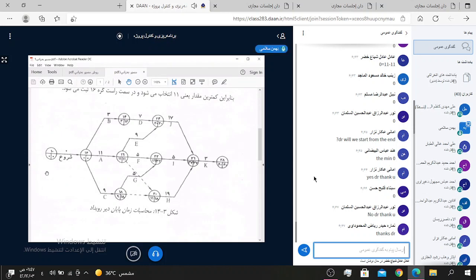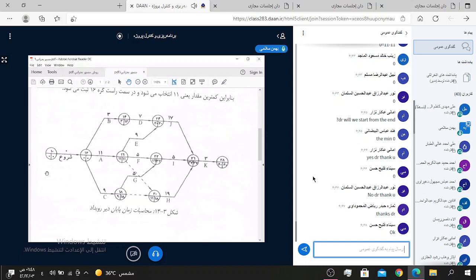As you see, we can find 4 factors. We can find 2 factors of 4 factors.